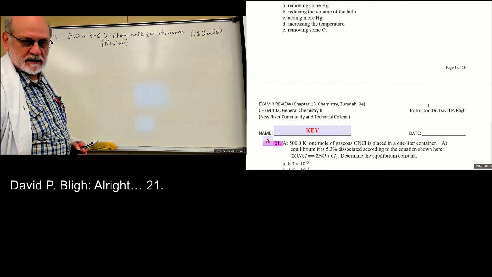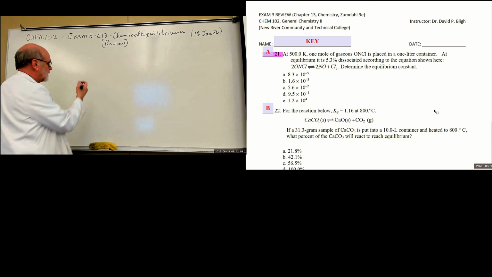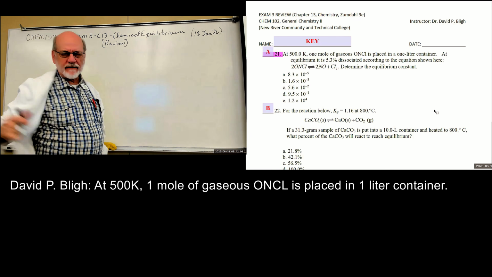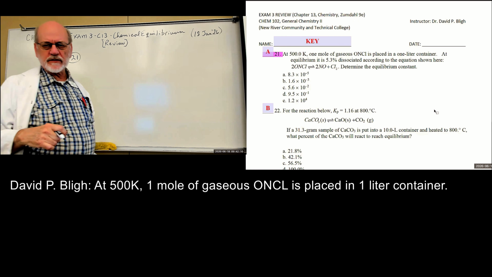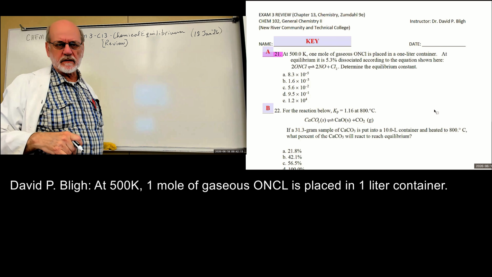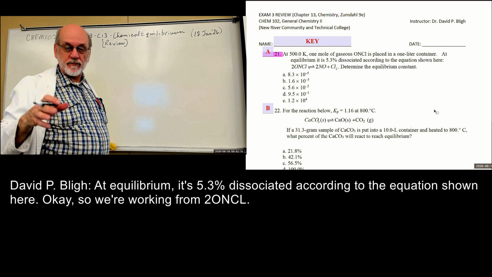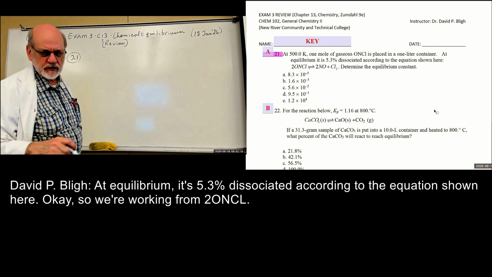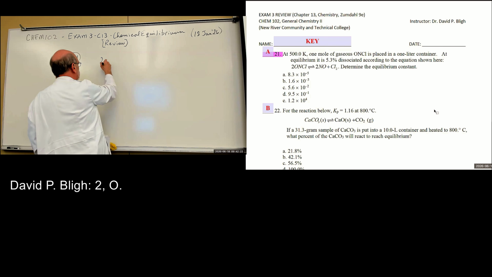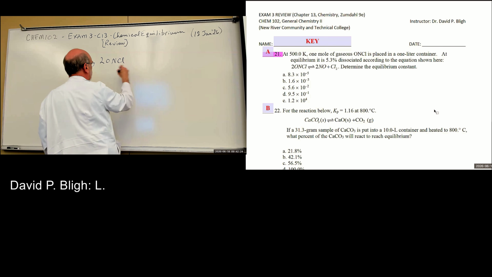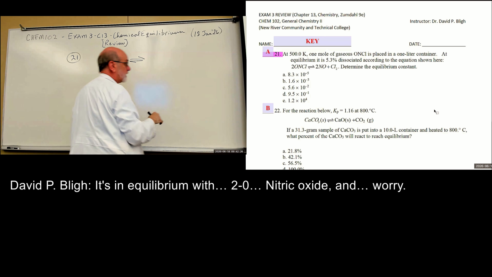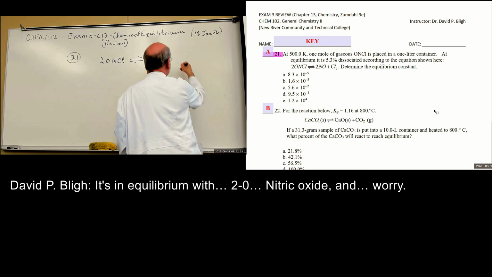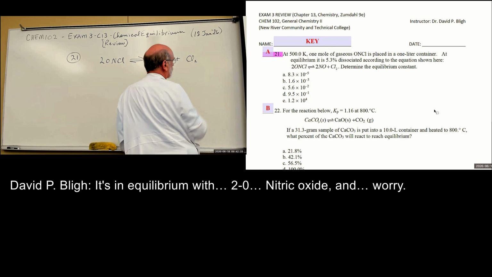All right, 21. At 500 K, 1 mole of gaseous ONCl is placed in a 1 liter container. At equilibrium, it's 5.3% dissociated according to the equation shown here. Okay, so we're working from 2 ONCl in equilibrium with 2 NO, nitric oxide, and chlorine.